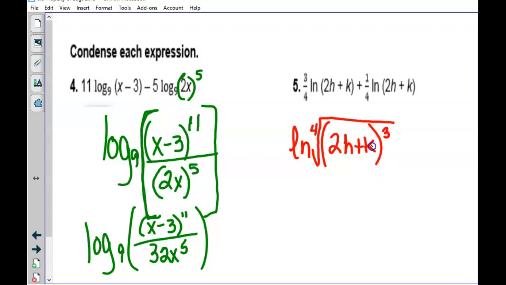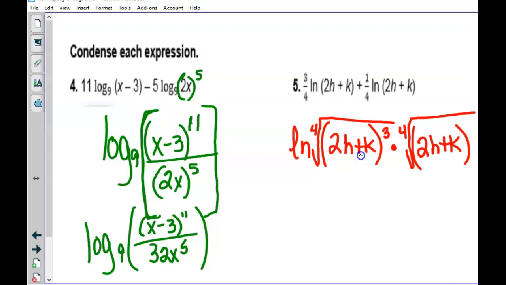And you actually could put the 3rd power inside, or you could put the 4th root in parentheses and put the 3rd power on the outside. And then what? Times 2h under the 4th root. Yeah, that looks fun.